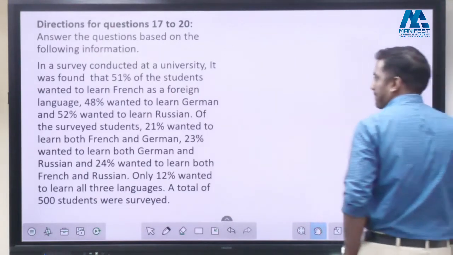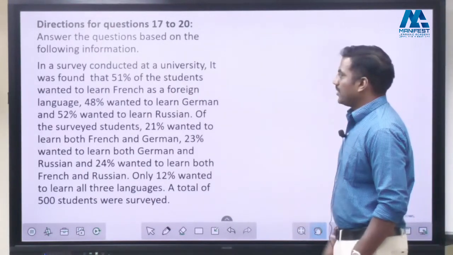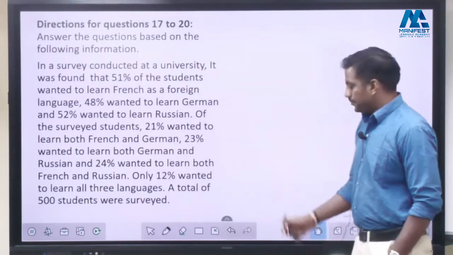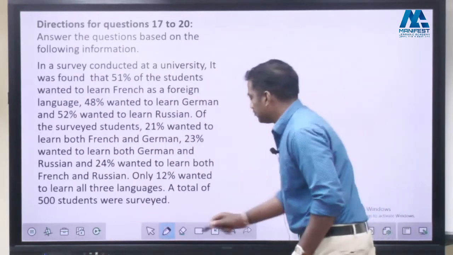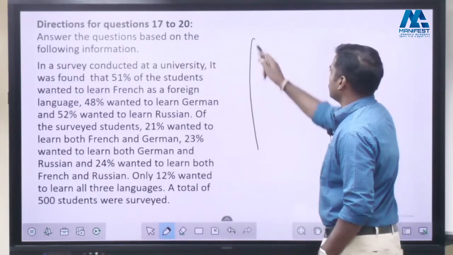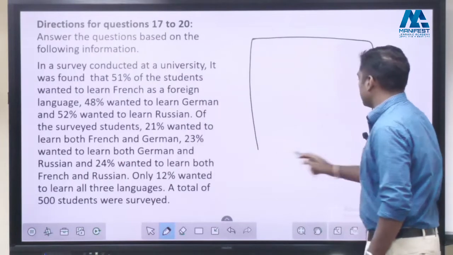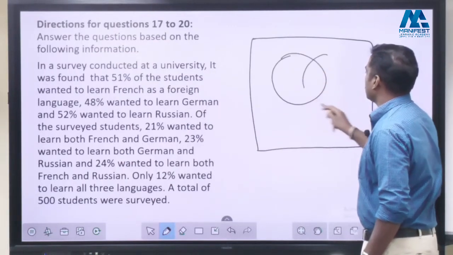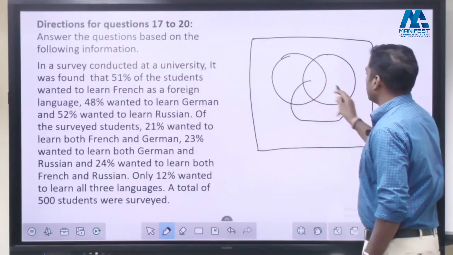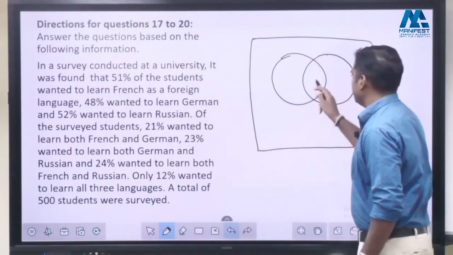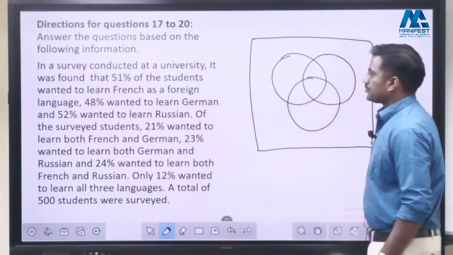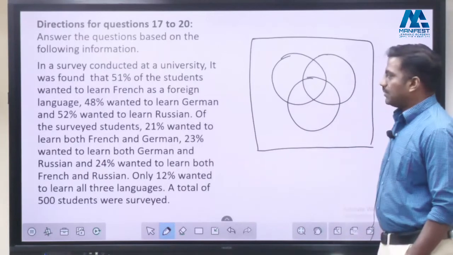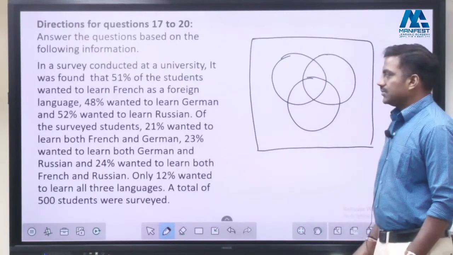Okay. In a survey conducted, it was found that 51% of the students wanted to learn French. Can I mark 51% first? 48%? 52%?